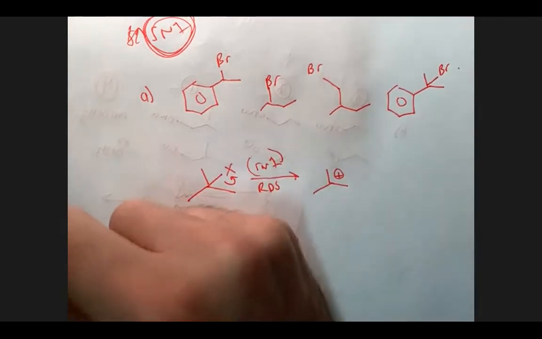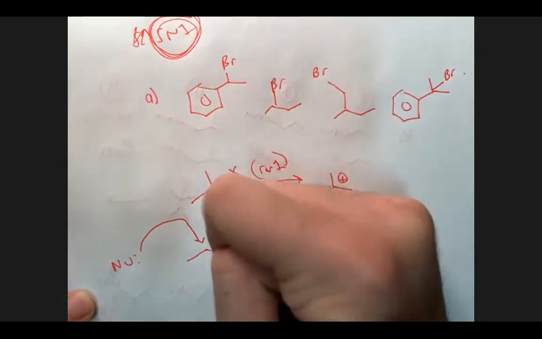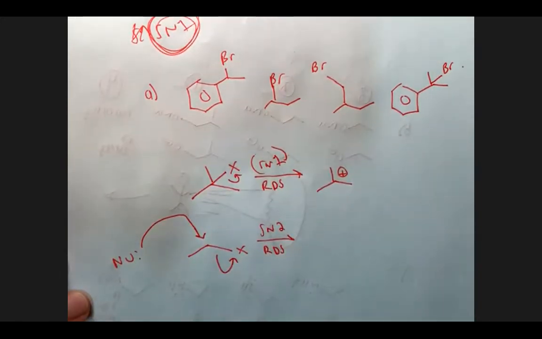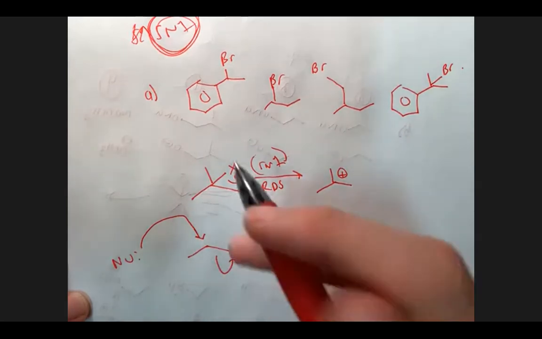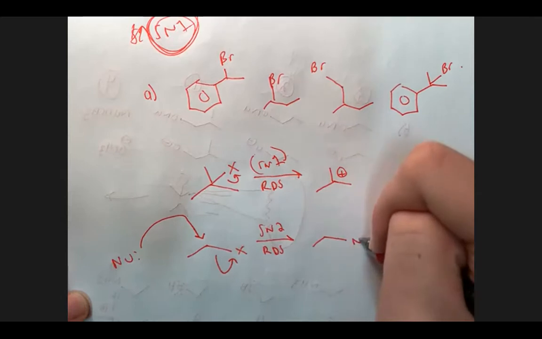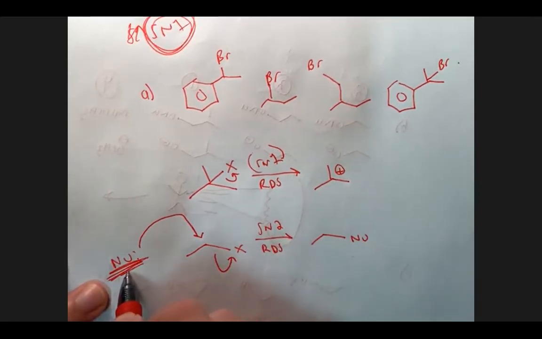And let's just say I have a nucleophile. This is why it's SN2, it's bimolecular. So essentially, that's happening, right? So you're dependent on the nucleophile in this situation to kick off the leaving group. So the reality is, there are so many things that are dependent on this nucleophile.